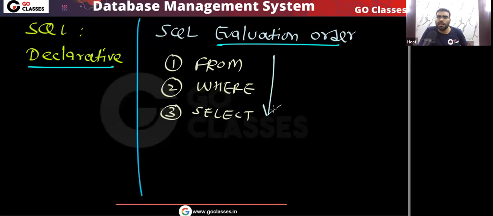So the answer is actually this is just a conceptual order of evaluation for our understanding. This is not how the DBMS will do it. The DBMS software will not do it like this. So remember, this is actually correct: SQL is declarative. And this is not an evaluation order.